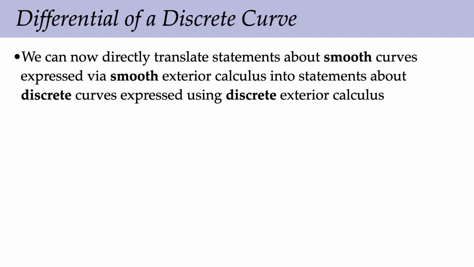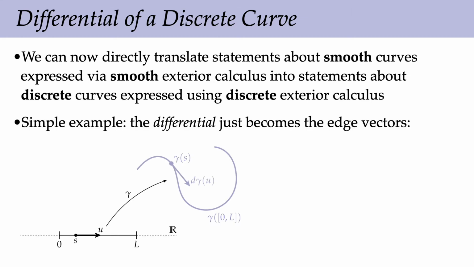So a simple but important example of a quantity we care about with curves is the differential, right? To say anything at all in differential geometry, we need to be able to differentiate the geometry. Okay, and our most basic derivative is to take the differential of our map describing the shape. So the differential of a smooth curve, right, do you remember our interpretation of that?